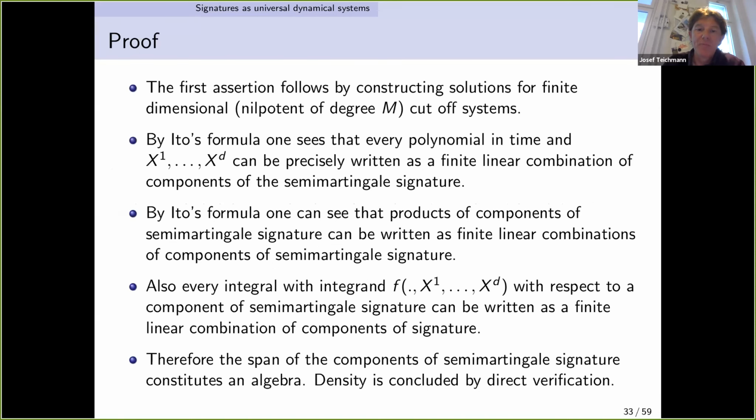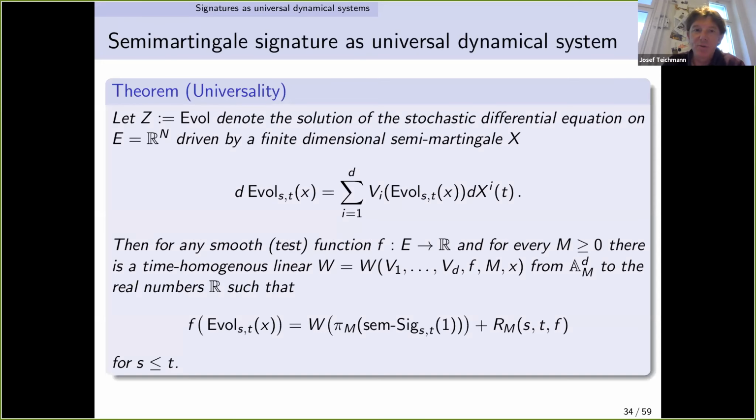So I don't go into the detail of the proof here, but I just want to state again the universality result. The universality result works as follows. If I have a stochastic differential equation now driven by a semi-martingale with jumps, so this might be like in a time series, a piecewise constant process with fixed jumping times. It could be a Brownian motion. It could be some of both.